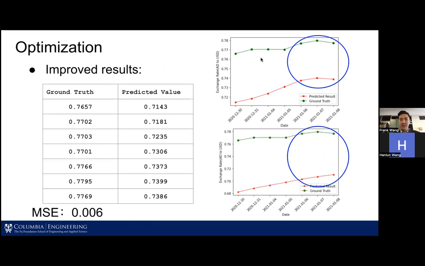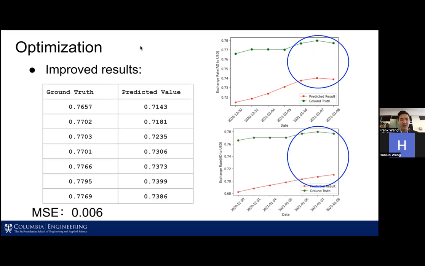From there, you can see the improved result: we finally achieved an MSE of 0.006, which is three times better than before. In this table, the left column is the ground truth, and the right column is the predicted result. It's pretty close.